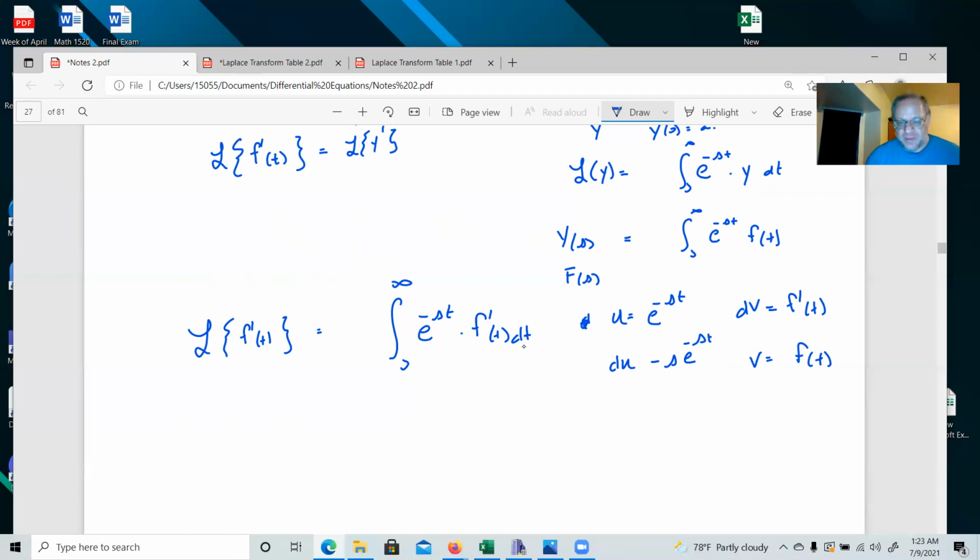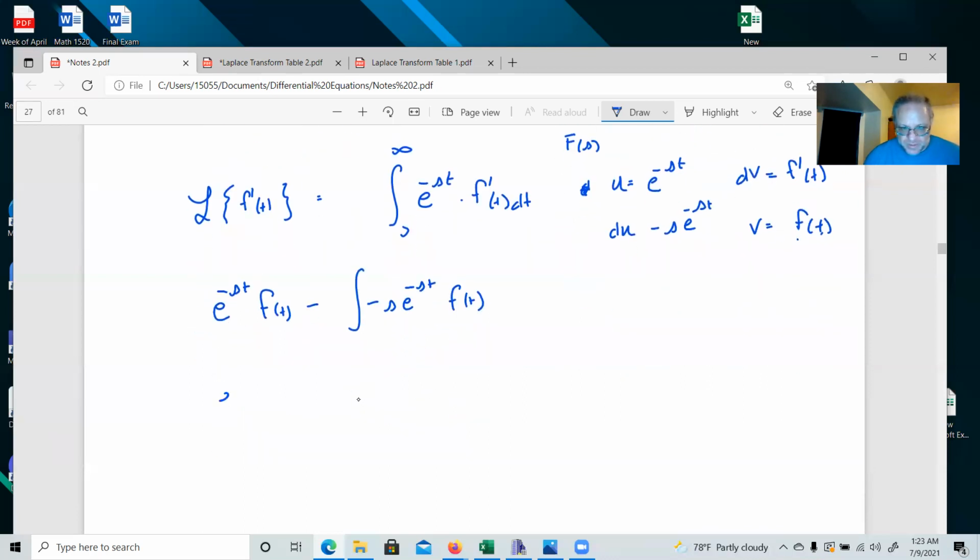And we can just go ahead and multiply. So it's going to be uv, which is e to the negative st f of t, minus the integral of negative s e to the negative st f of t, with dt in there.